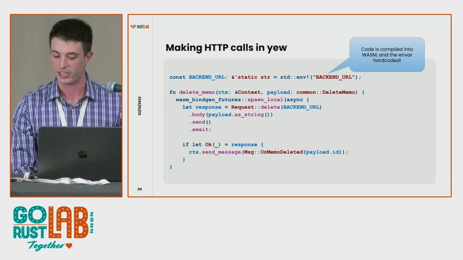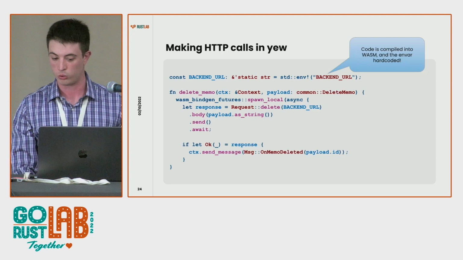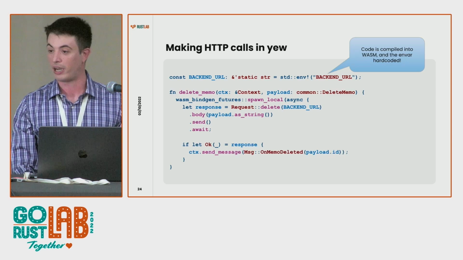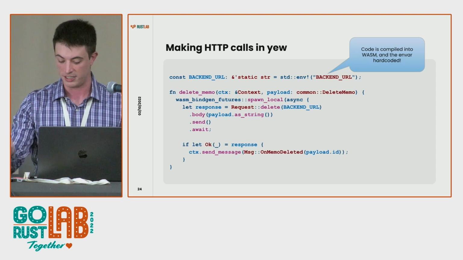So obviously they won't have a backend URL environment variable. One of the possible solutions to this is just read the value of the backend URL at compile time and code it into the compiled files, so it's there.